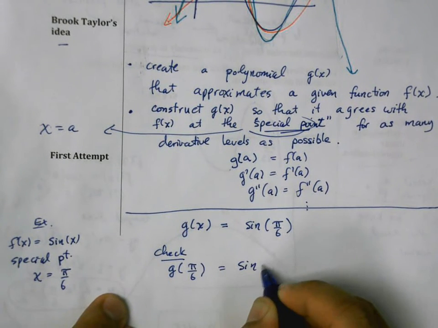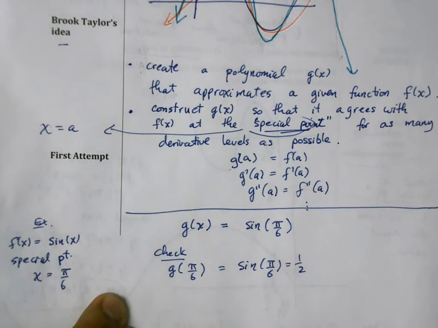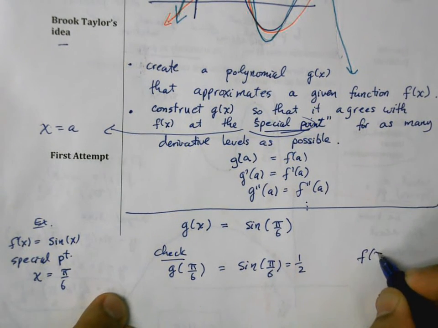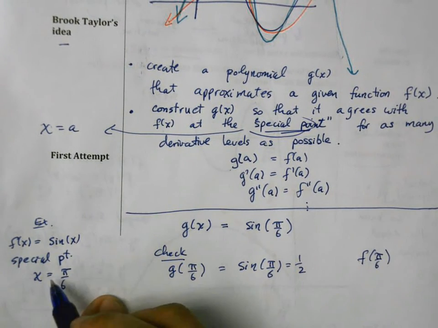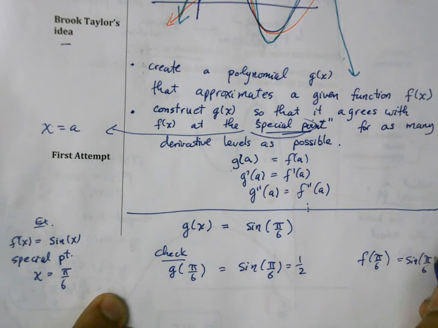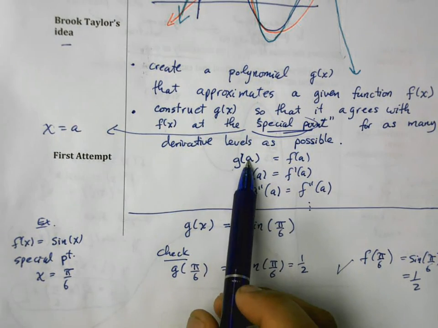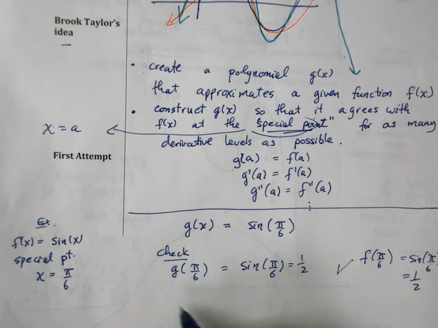Well, it's equal to sine of pi over 6, which is equal to 1/2. What is f of pi over 6? Well, that's also equal to sine of pi over 6, which is also equal to 1/2. Done. Great. Okay, the 0th derivative level is satisfied.